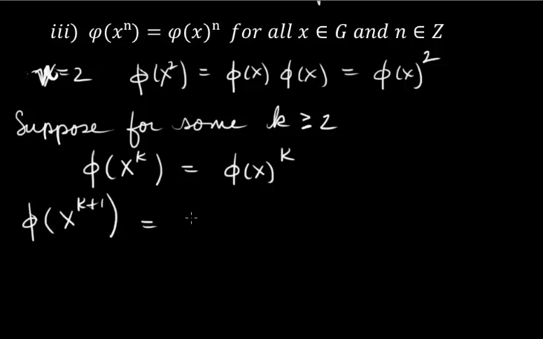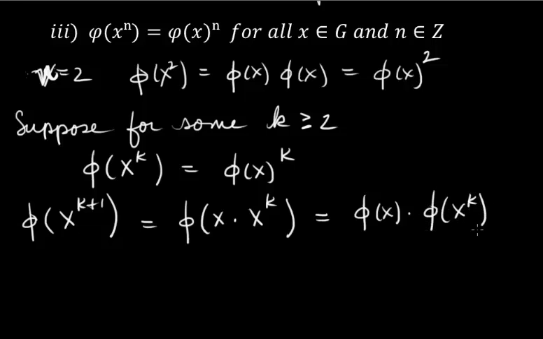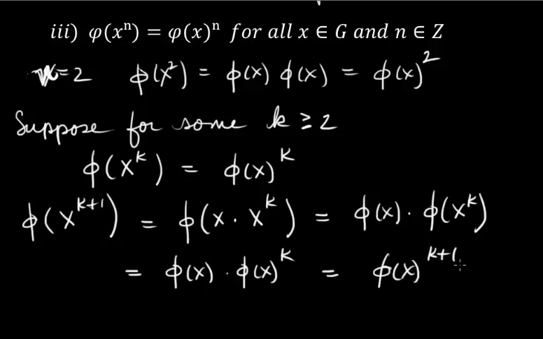Well, that's equal to phi of x times x to the k. It's a group homomorphism, so that's phi of x times phi of x to the k. By our induction hypothesis, that's phi of x times phi of x to the k power, and now operating with powers of an element in H, we have phi of x to the k plus 1. Therefore, the theorem is true for all n greater than or equal to 0.